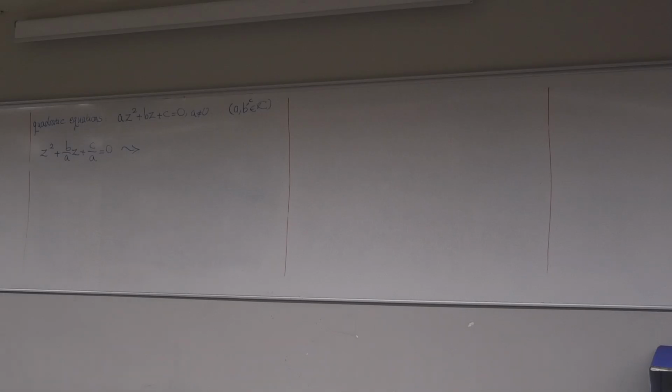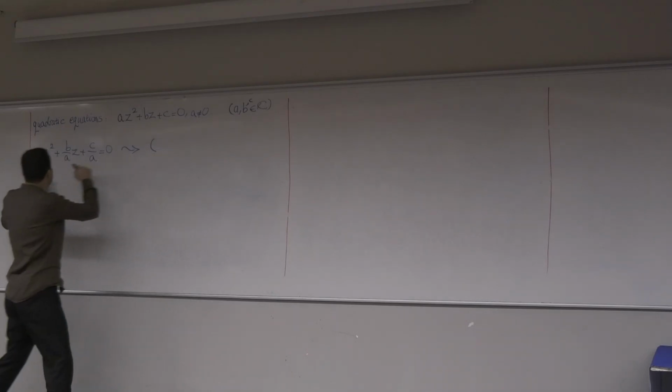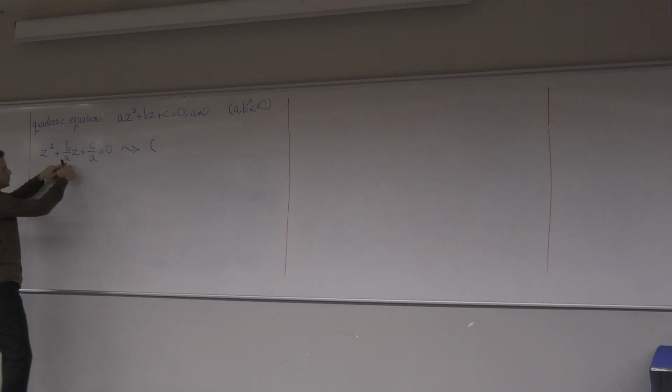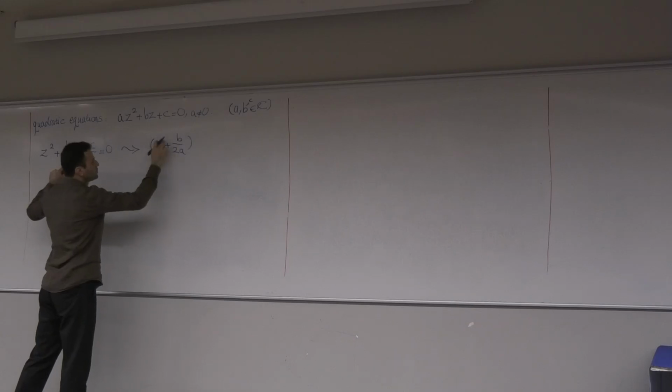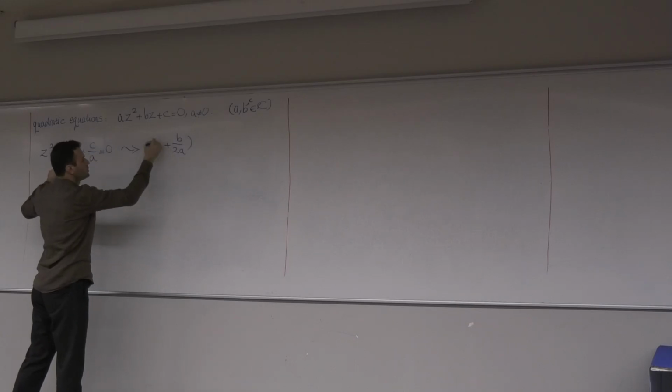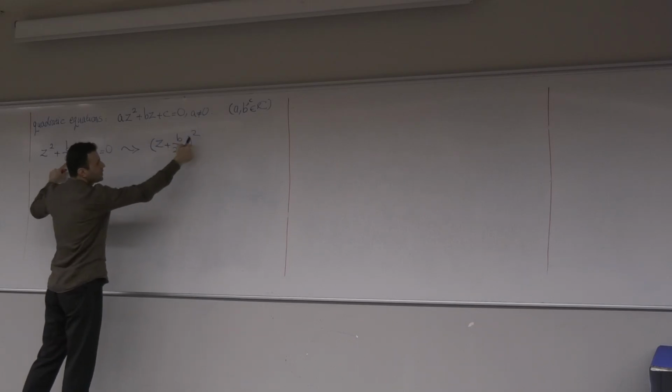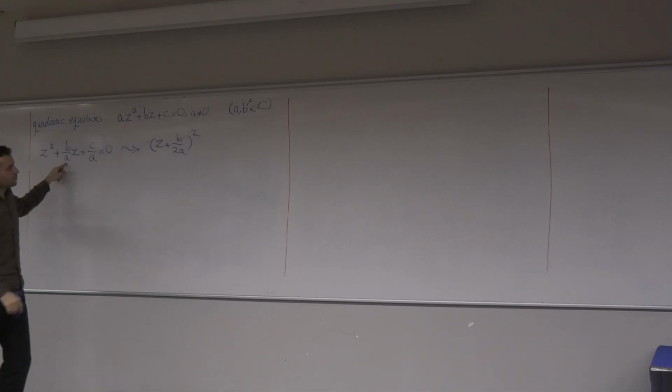By completing the square, what we mean is this. I need to have this term in such a way that we only have one z. How can we do this? What is the half of this? b divided by 2a, right? So (z + b/2a) squared: if I take this to the power of 2, what will happen?